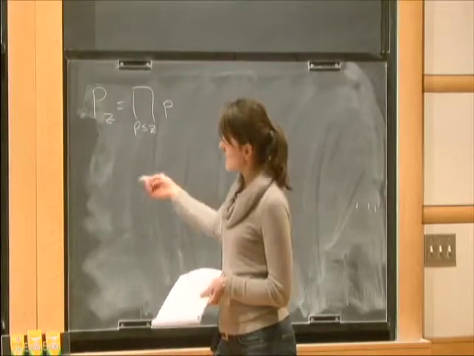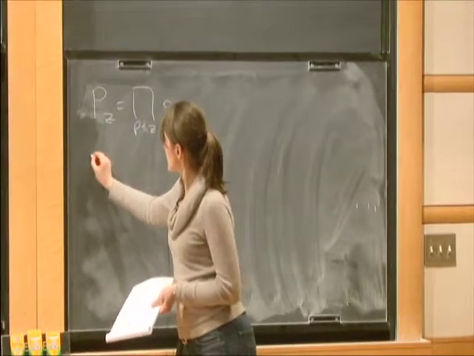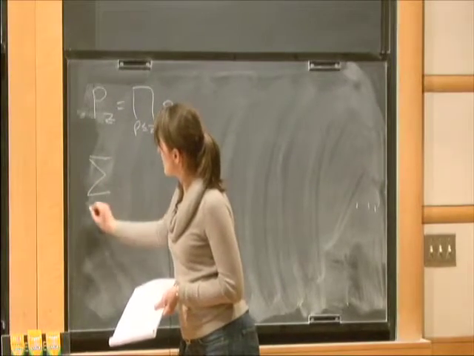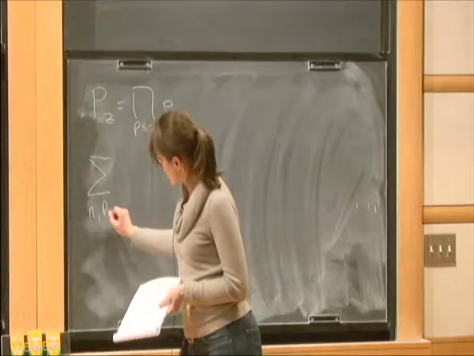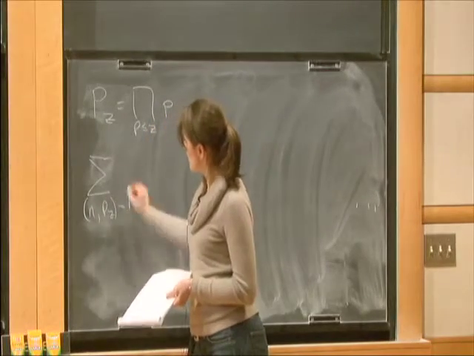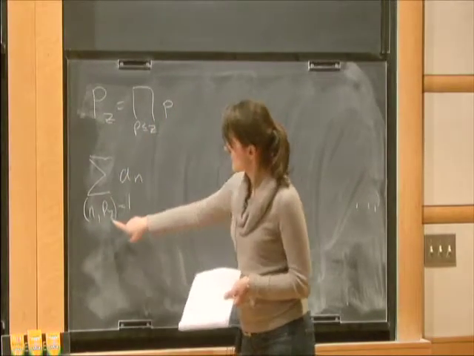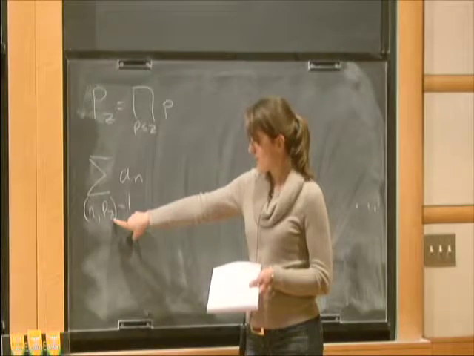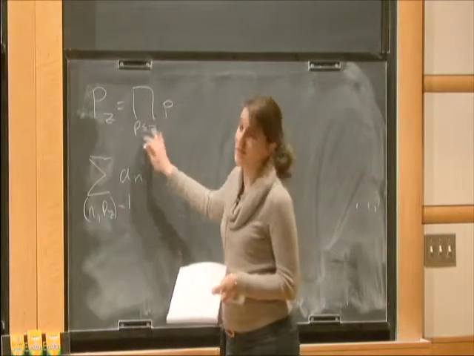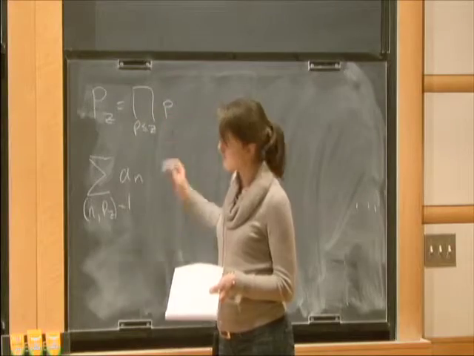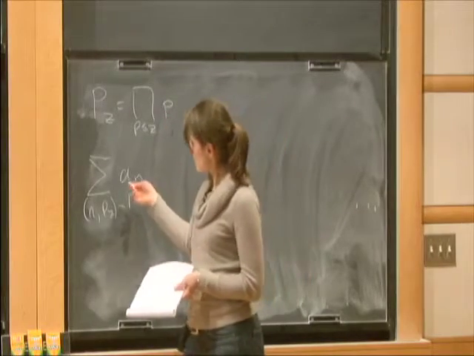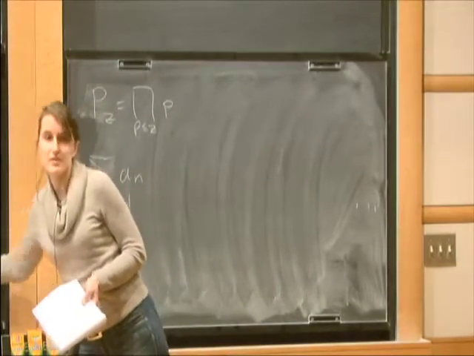Okay, and now instead of looking at this, what I'll look at is I'll consider the sum over n relatively prime to P(z) of all the a_n's. So I'm looking at all the n's that don't have any small prime factors. And this is a fairly good approximation to this, is the idea.